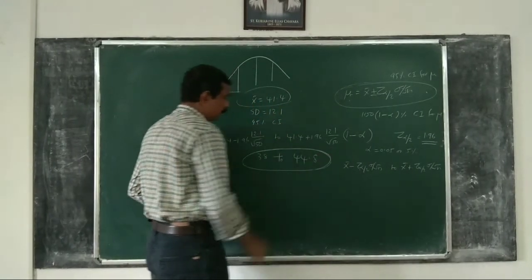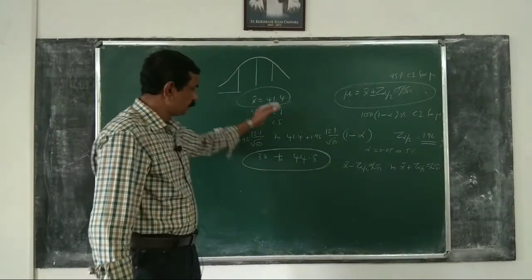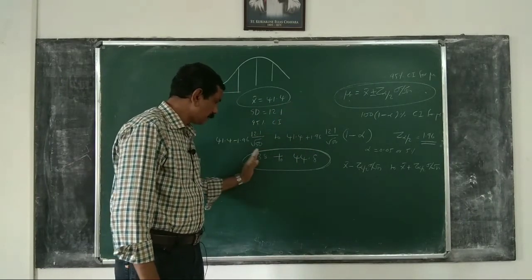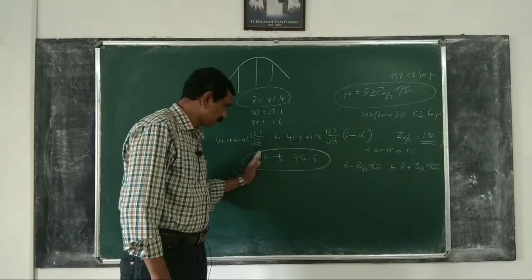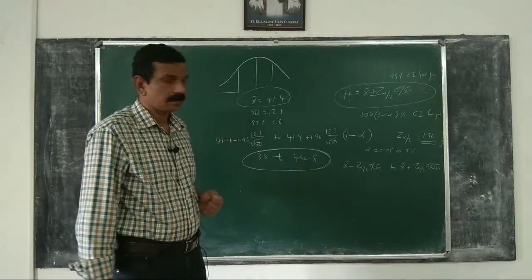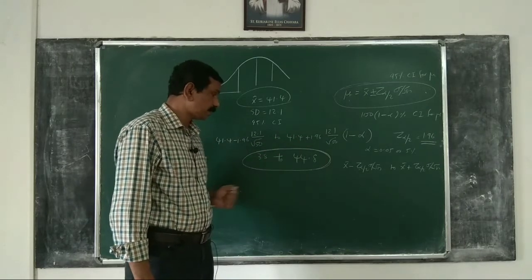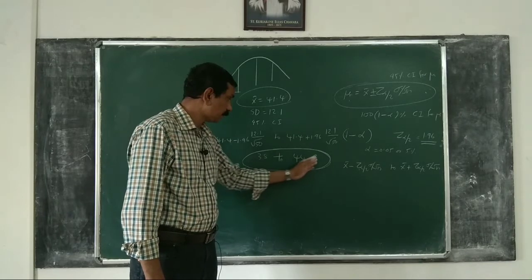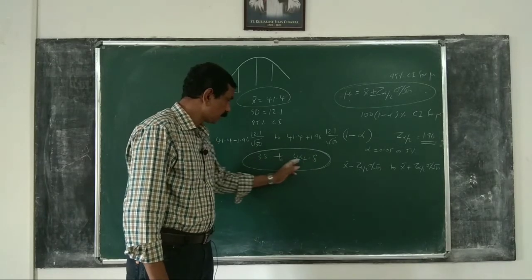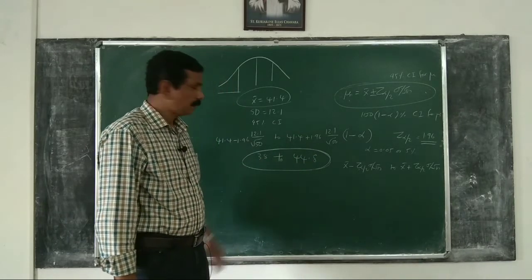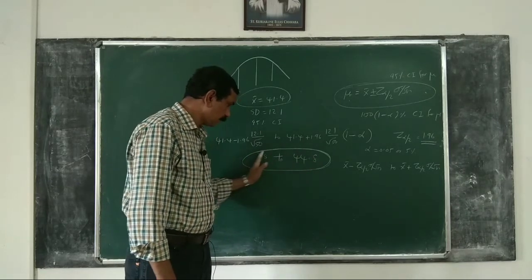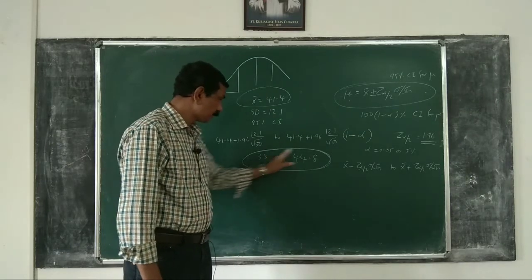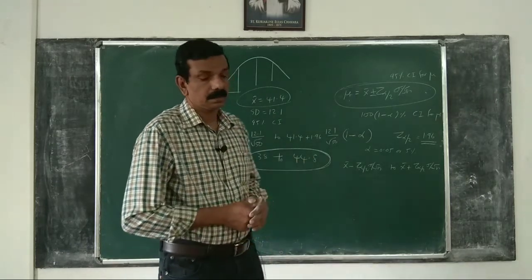If we construct intervals like this, the true parameter will lie within these intervals 95 out of 100 times, or we are 95% confident that the parameter is in the interval 38 to 44.8. Only 5 times will the parameter be outside this interval.